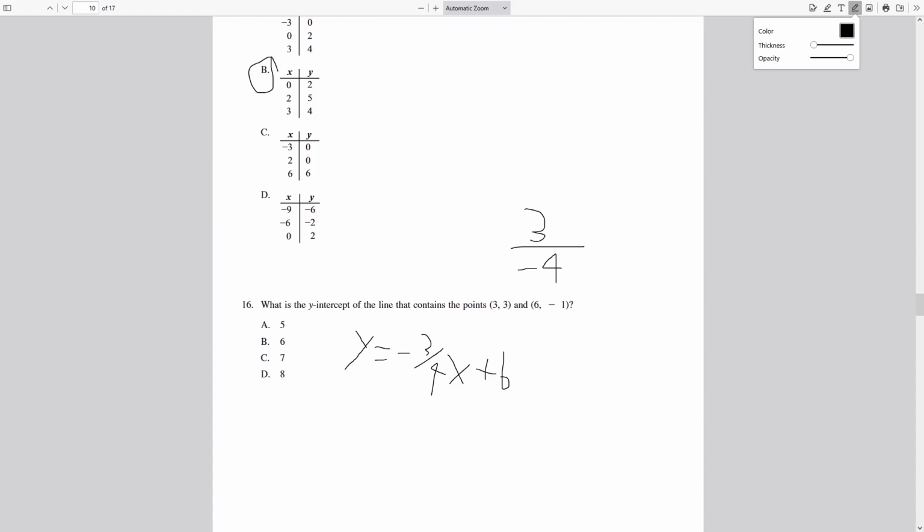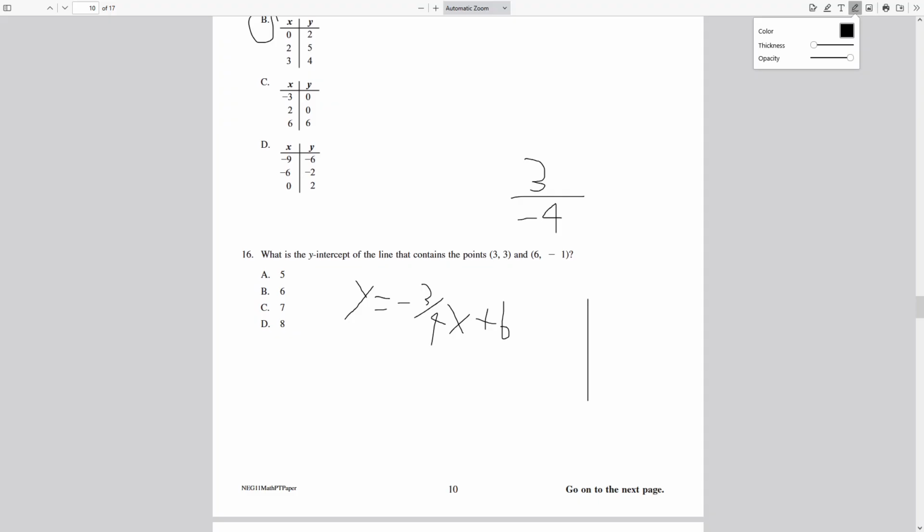Let's just start this out. The y-intercept point is somewhere on x being 0 on this y-axis. 3, 6, negative 1.